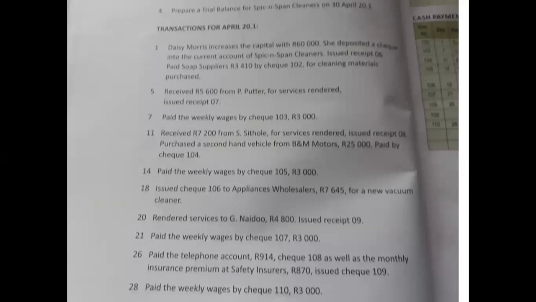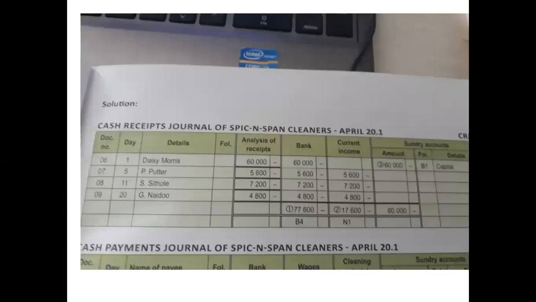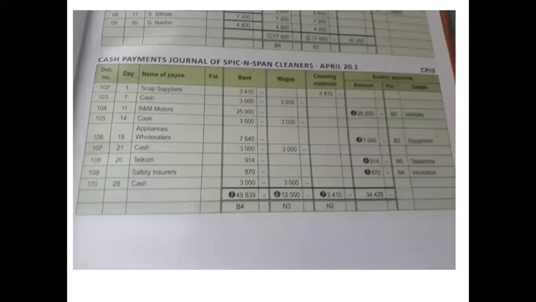So check the information, and then we will move to the CPJ. There on the 18th, check 106, Appliances Wholesalers, 7,645 in bank, and the vacuum cleaner is falling under equipment. There's not an equipment column, therefore it will go to the sundry accounts.